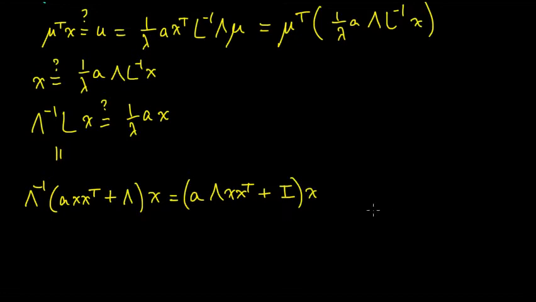Let me see. Something's not right here. Wait, what happened? We got here. Oh, of course. Wait, is that right? Yeah. Sorry. We wanted to multiply lambda first, so we needed lambda inverse. Now you can see how I messed this up so many times, doing it all over again. L times lambda inverse x. So this becomes lambda inverse on the right.